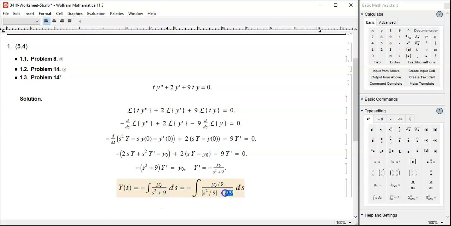And 9 divided by 9, so this is going to become 1. And then s squared over 9, we can rewrite it as s over 3 squared here.